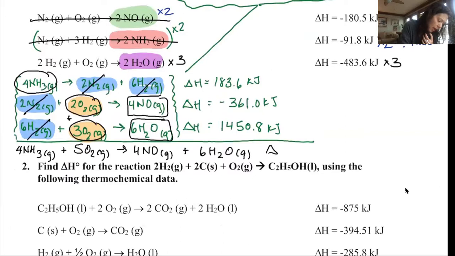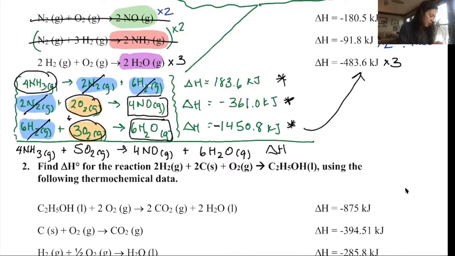And the delta H should be the sum of all of these. So that's 183.6 plus negative 361 plus 1450 point. Oh, that's a negative right there. Right? Look up here. That's negative.